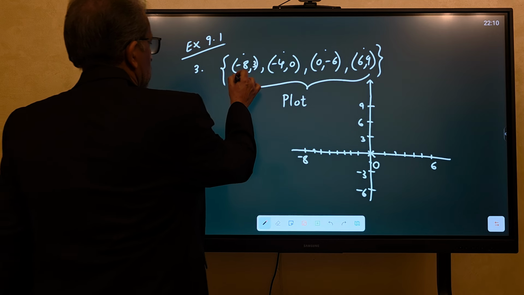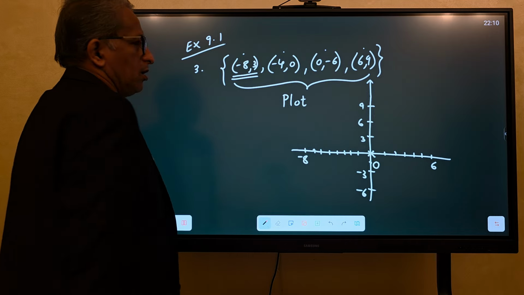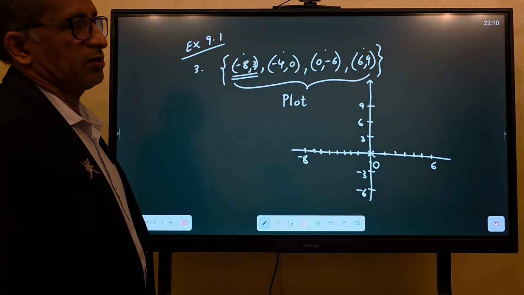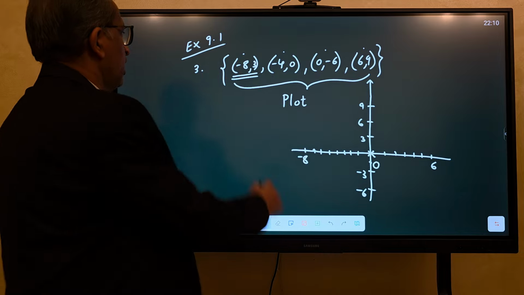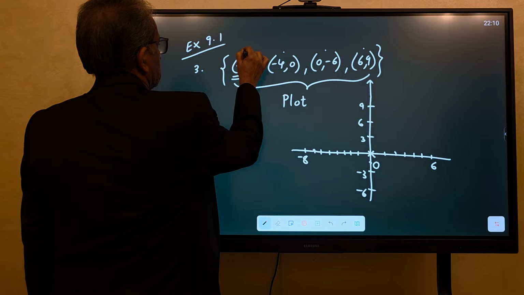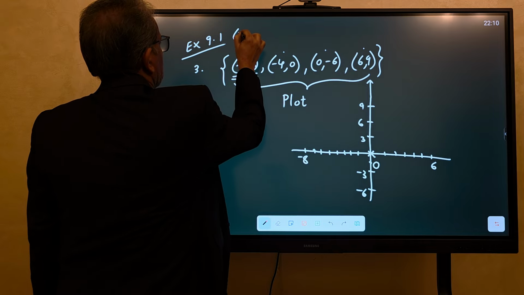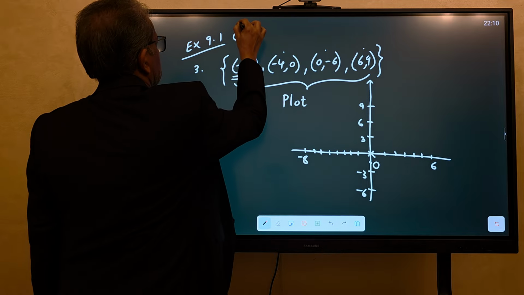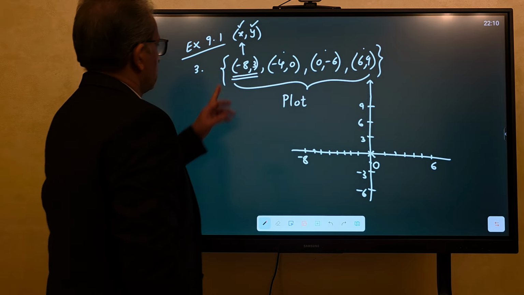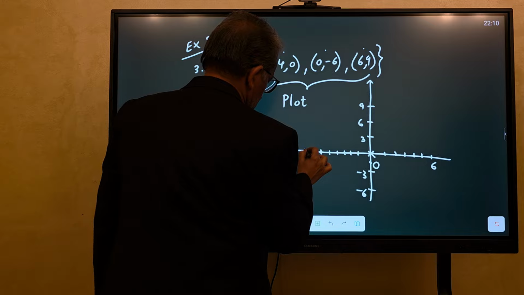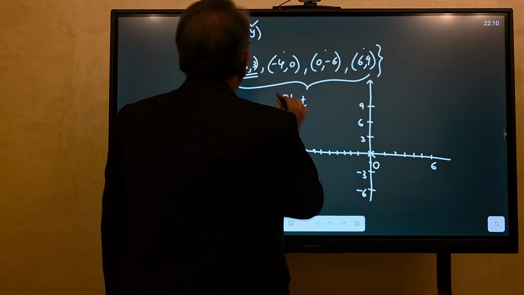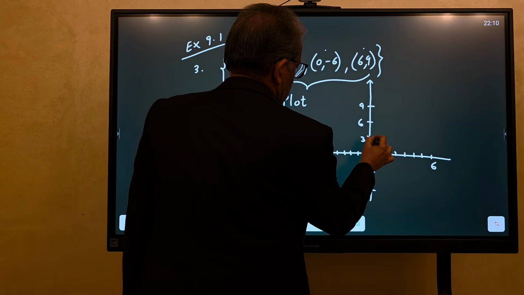Now let me plot the location of the point -8, 3. And you know that -8, 3 means it is exactly x, y. That means first x and then y. So x is -8, so you are here. And y is 3, so you are here.